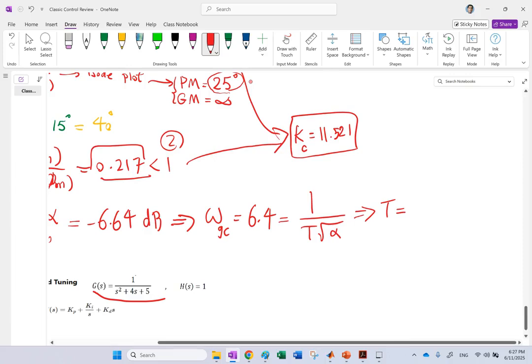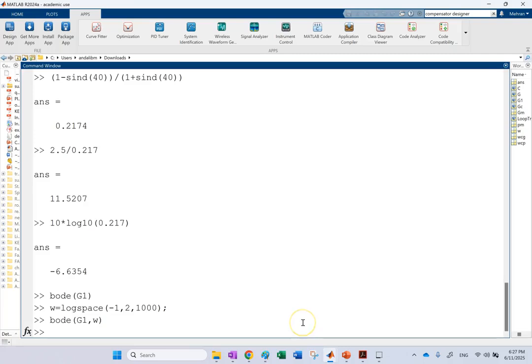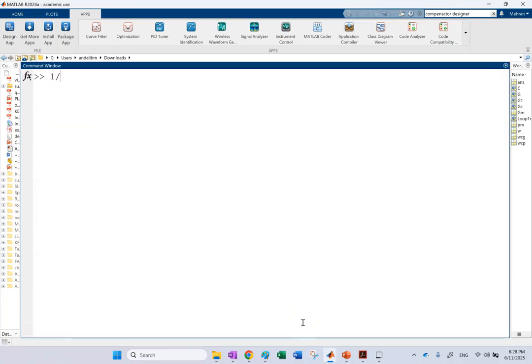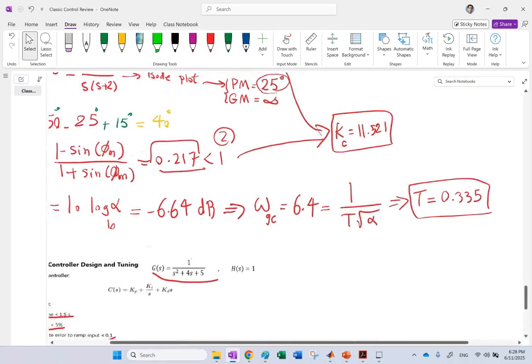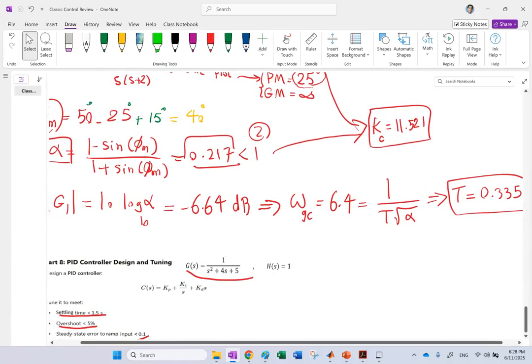So all I need is to calculate T. So it's going to be 1 over this number over square root of alpha. So it's going to be 1 over 6.4 over square root of alpha, and that is 0.335. There we go. I found all 3 parameters of the lead compensator.